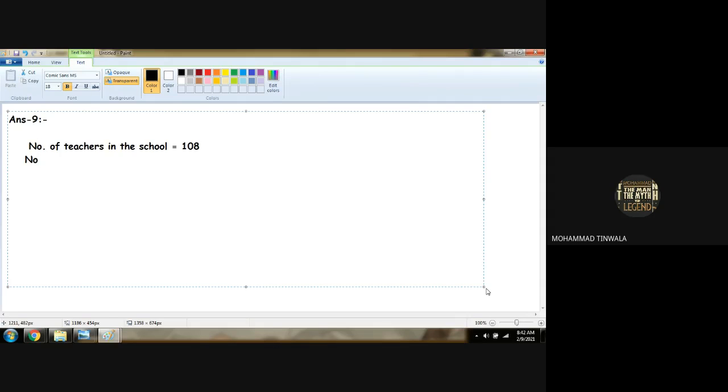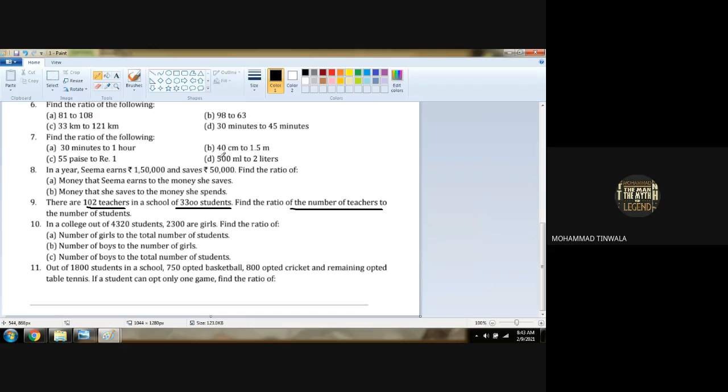Number of students in the school is equal to 3,300. Any doubt with this? Any doubt, boys? No, sir. What is the content? We have to find the number of teachers to the number of students.